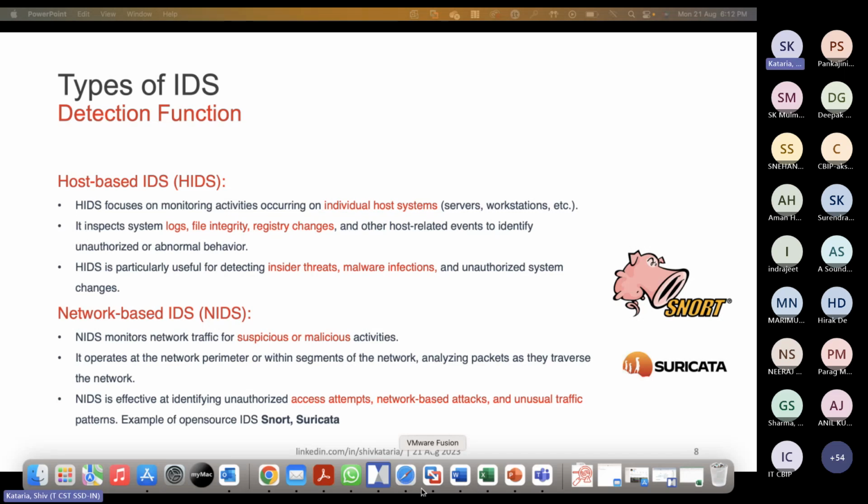Two of the frameworks which are open source are Snort and Suricata. Though we will not be discussing them in today's lecture, they are very good candidates for deploying something by yourself without requiring any additional help.